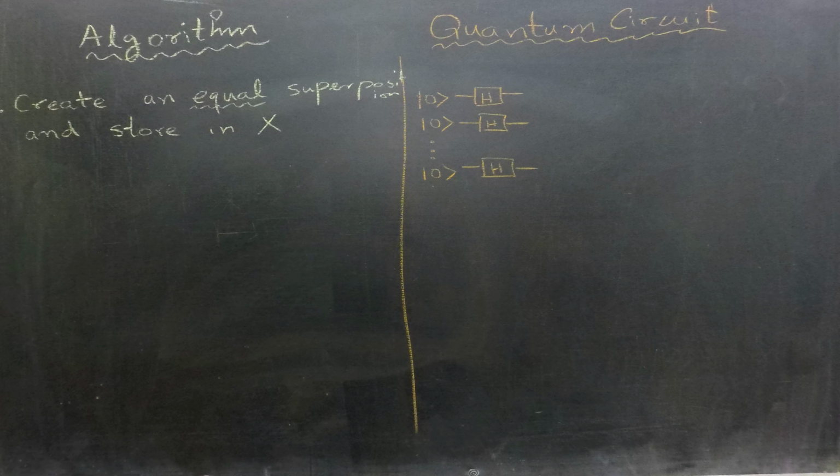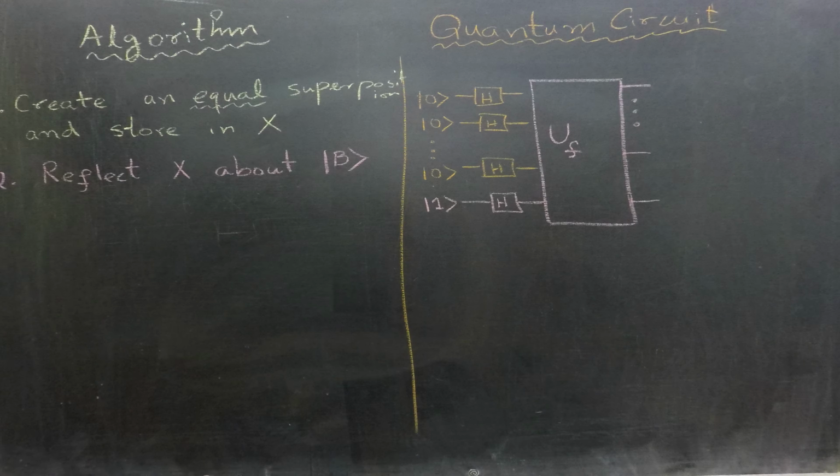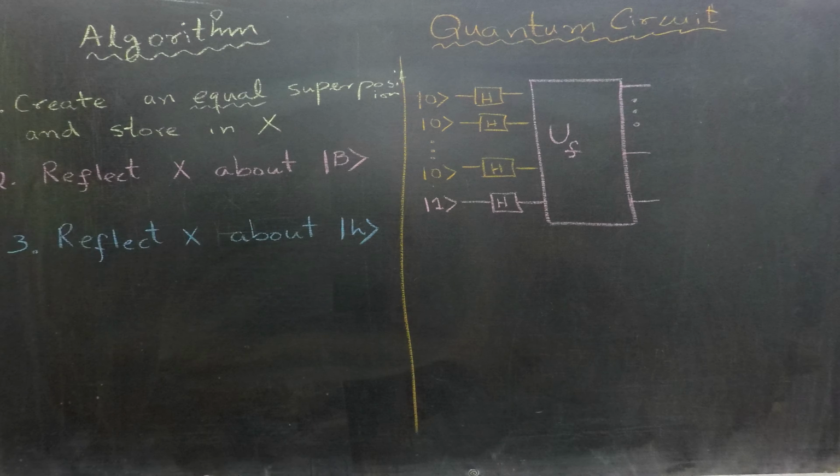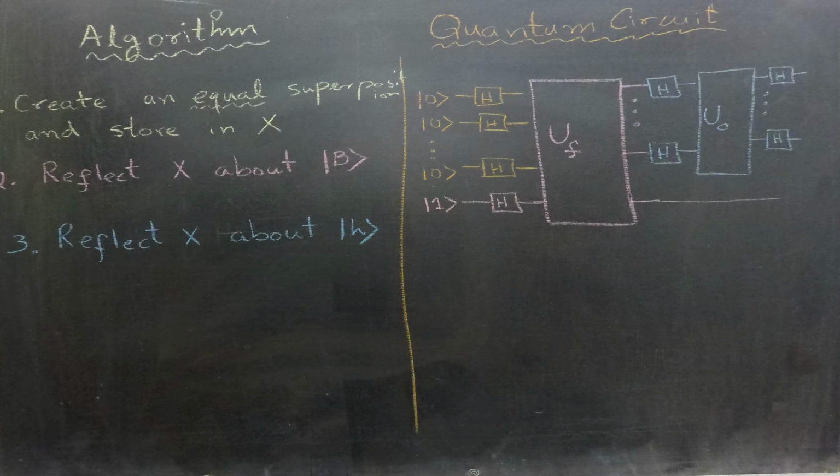Step 2 revolves around reflecting register X about ket p. This is achieved by feeding register X and ket minus into the UF block. Step 3 entails reflecting X about ket h. The quantum circuit for this step is generated using the 3-step approach we discussed earlier.